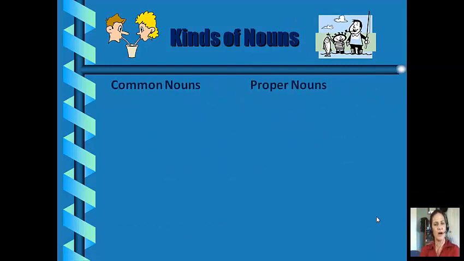So we have a common noun, boy, girl, or a proper noun, John, Mary. Notice that the proper noun names one specific boy or girl, or it could be a city, it could be anything, that gives it a name, and that name is capitalized. Proper noun.